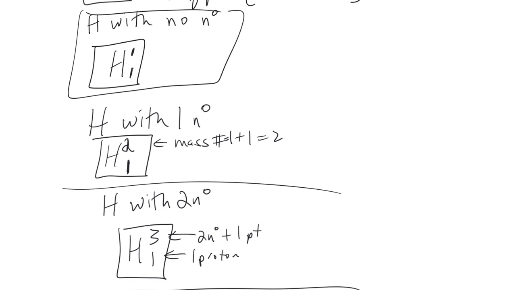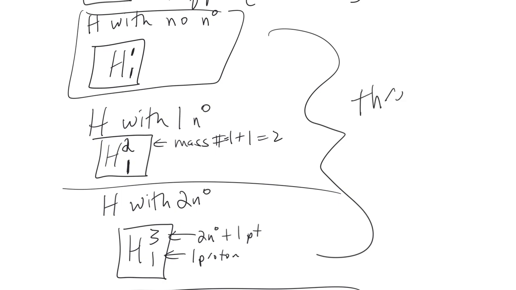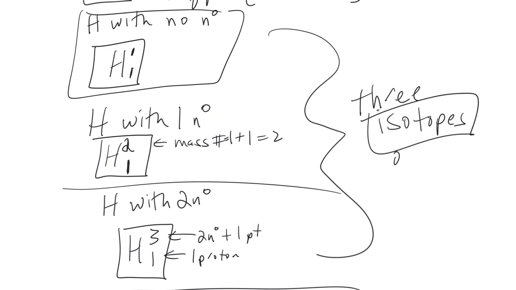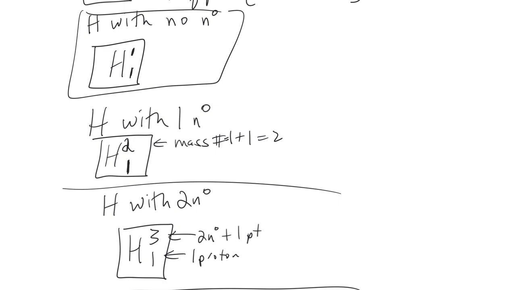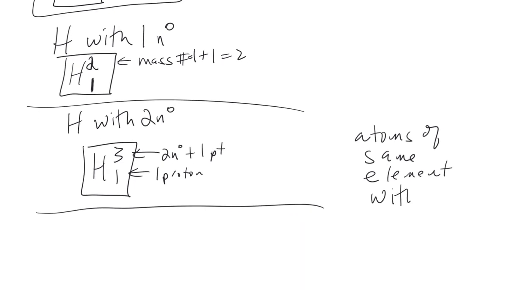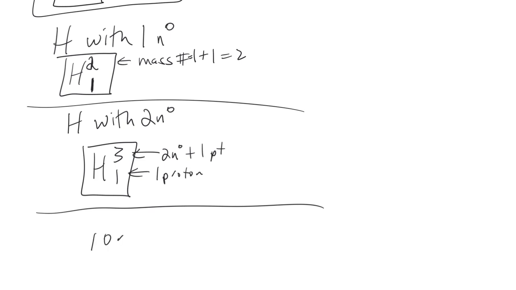So these 3 examples show 3 isotopes. That's a new word. Of hydrogen. An isotope is defined as atoms of the same element with different numbers of neutrons. Now, that's not to be confused with ions.